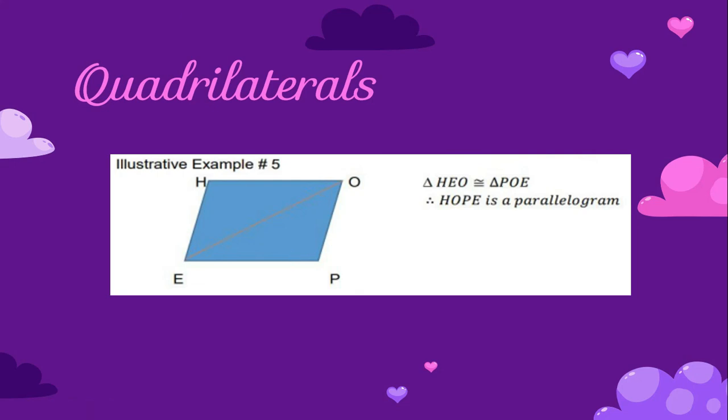Two congruent triangles have the same length of each side and the same measurement of angles. So since there are two congruent triangles, the measurement of angle P and the measurement of angle H are congruent, and as you can see, they are opposite to each other. And then HO, which is one of the sides of the triangle, is equal to this side, and that is included in the properties of a parallelogram. So therefore, we can say that HOPE is a parallelogram.